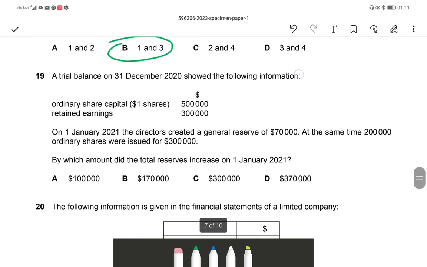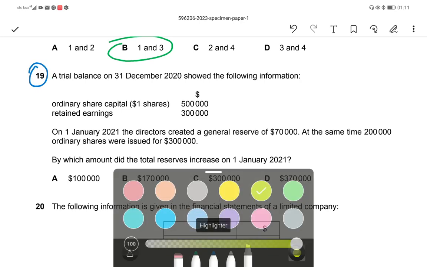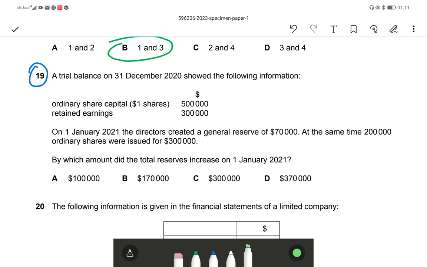Next, 19. A trial balance on 31st December 2020 showed the following: ordinary share capital, retained earning. On 1st January, directors created a general reserve.